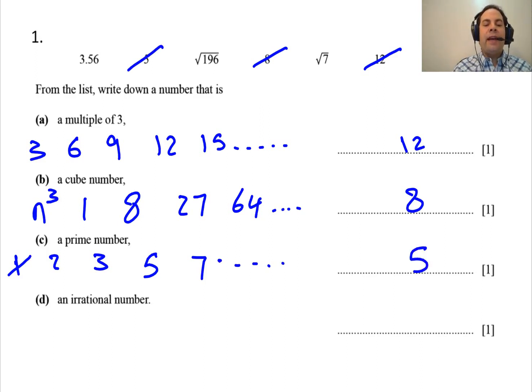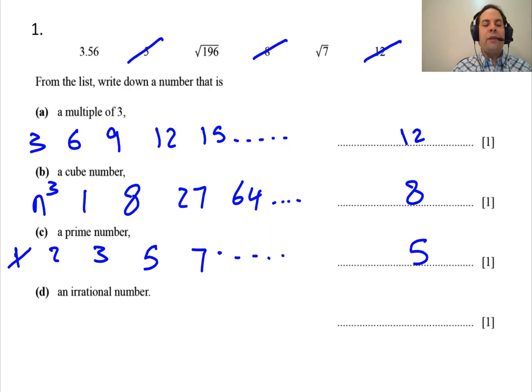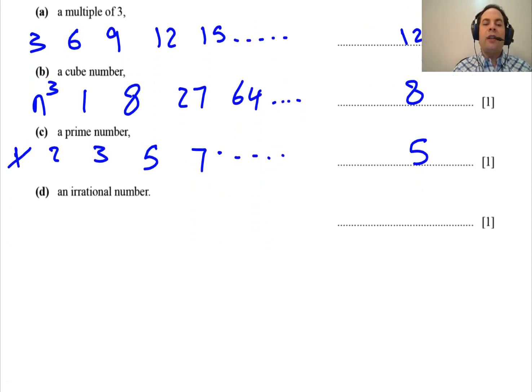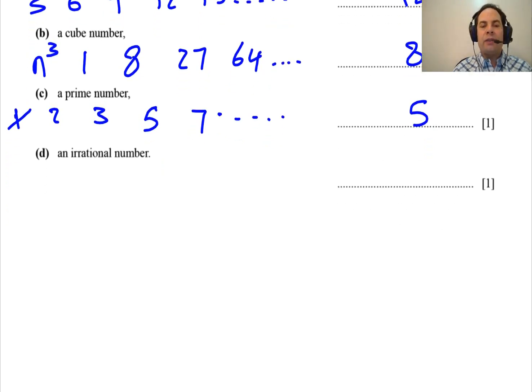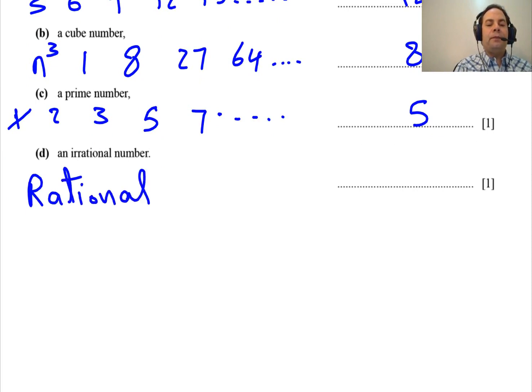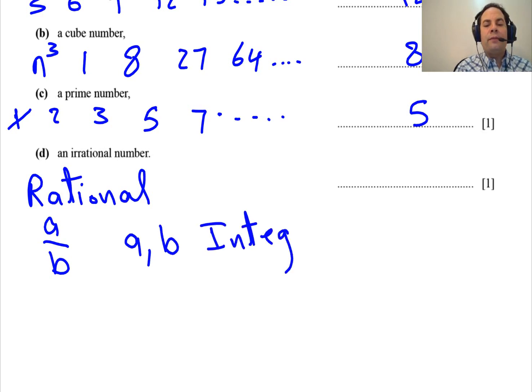Part D. An irrational number. Let's first explain what is rational and what is not rational. A rational number is a number you can write as a fraction, a over b, where a and b are integers and b is not equal to 0.